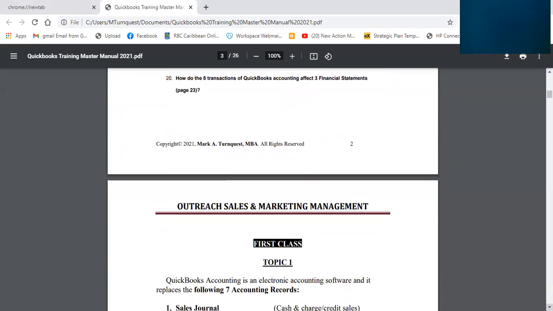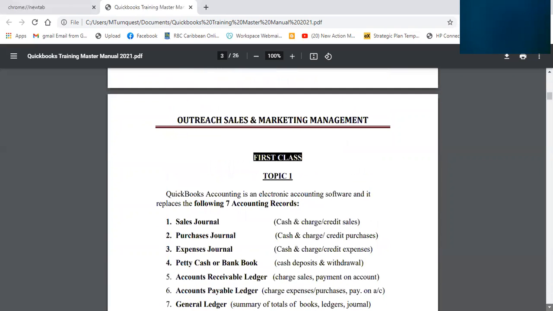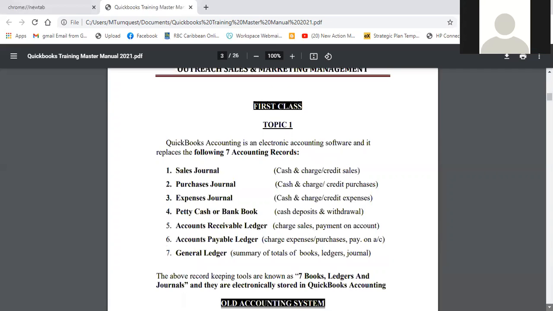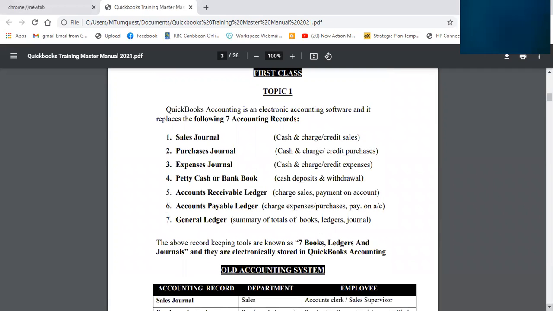QuickBooks. Everybody get a notepad? Now, in the old days, there were about 7 accounting records in the accounting department, and QuickBooks replaces them now.